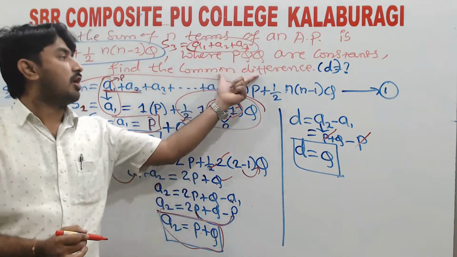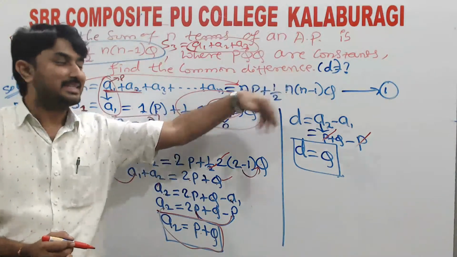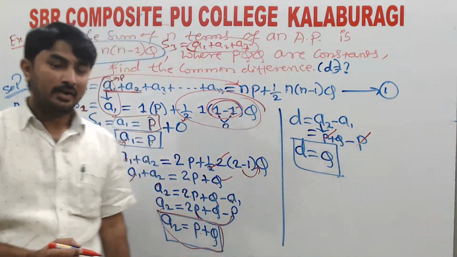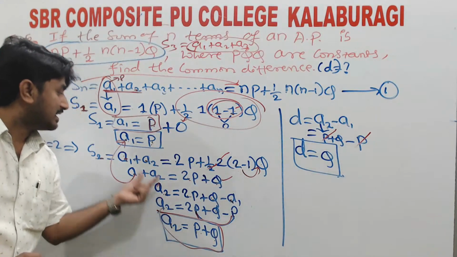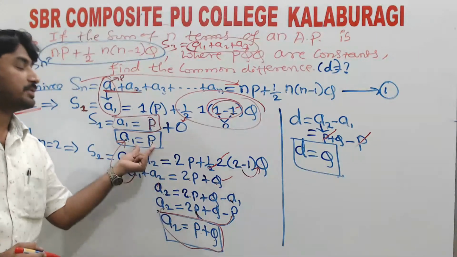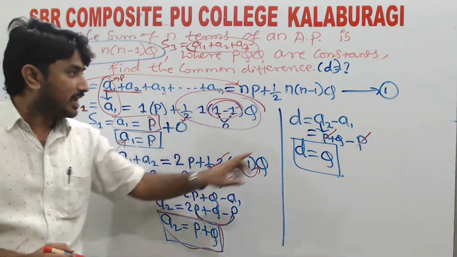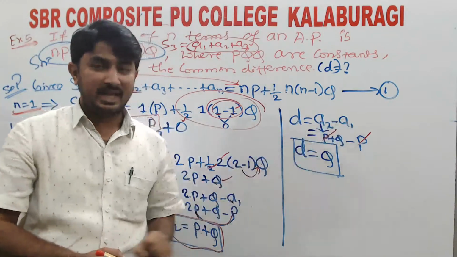Now we want to find the common difference d. d is the difference between two consecutive terms. We know the value of the second term and the first term, and their difference is equal to the common difference d. So I am taking d equal to A2 minus A1.